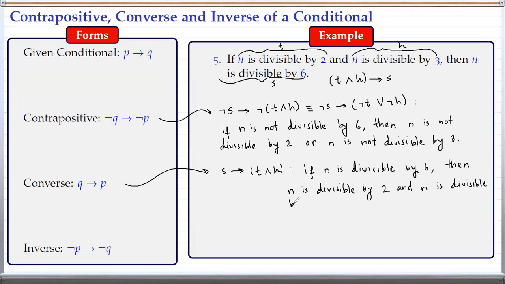So this is the converse of the given statement.